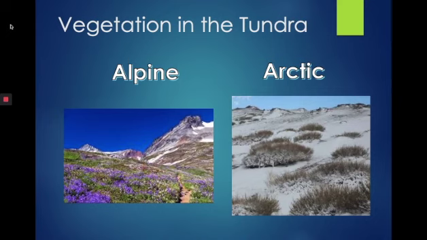And some examples might be perennial grasses, cushion plants, sedges, and forbs. Now let's look at the Arctic tundra. The plants are small. They live close together and they are low to the ground. And these all help them to survive in the types of harsh conditions that they experience. Some examples are mosses and lichens.